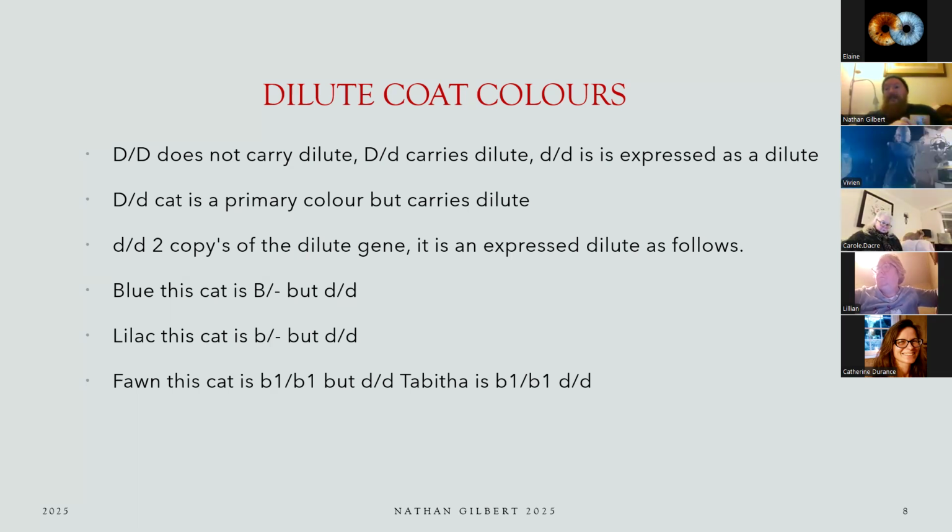And I've seen fawns where you go, is that really fawn? That's quite a dark fawn. So yes, you can get degrees of expression, but the swab results will always come back the same if that's what she is. Cool.